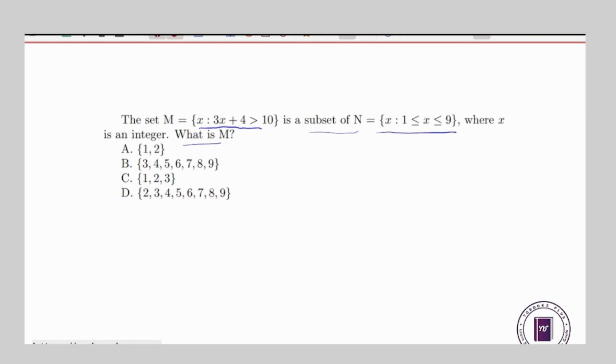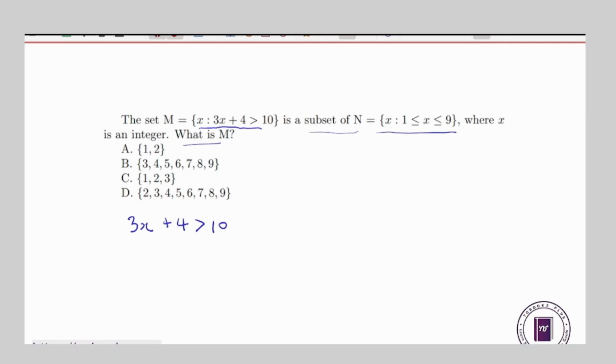Okay. So to do that, we saw in the definition of M that there was an inequality. So we solve that inequality. So let's start. So we have 3x + 4 > 10. And as we know already, we need to let x stand alone.